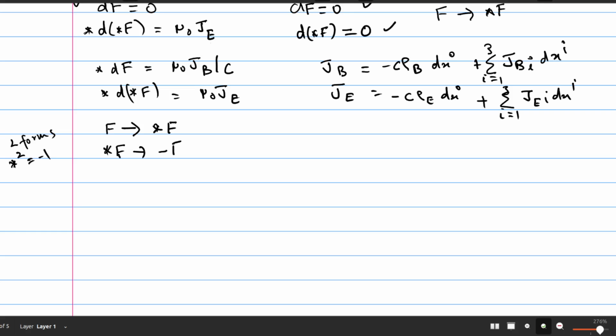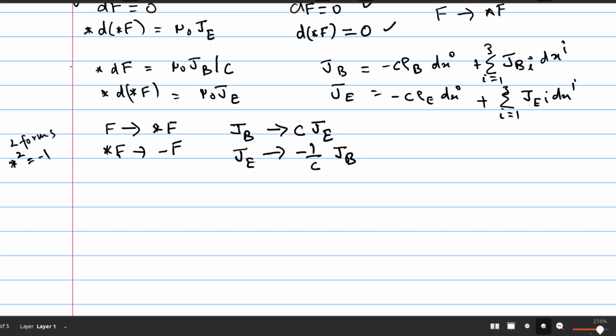So Hodge dual of f goes to minus f, and Jb, if we replace Jb with c times Je, and if we replace Je with minus 1 over c Jb, then these equations transform into each other.